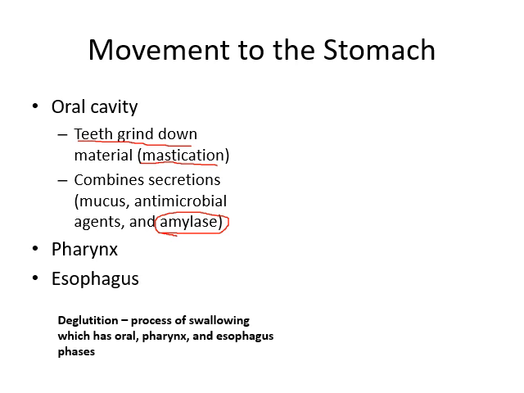Then we move the food down into the pharynx, and then we are going to swallow. There are 3 phases in this deglutination. There's an oral phase in the oral cavity, then the pharynx. So it is a complex system in the swallowing. We're going from the oral cavity to the pharynx and finally into the esophagus.